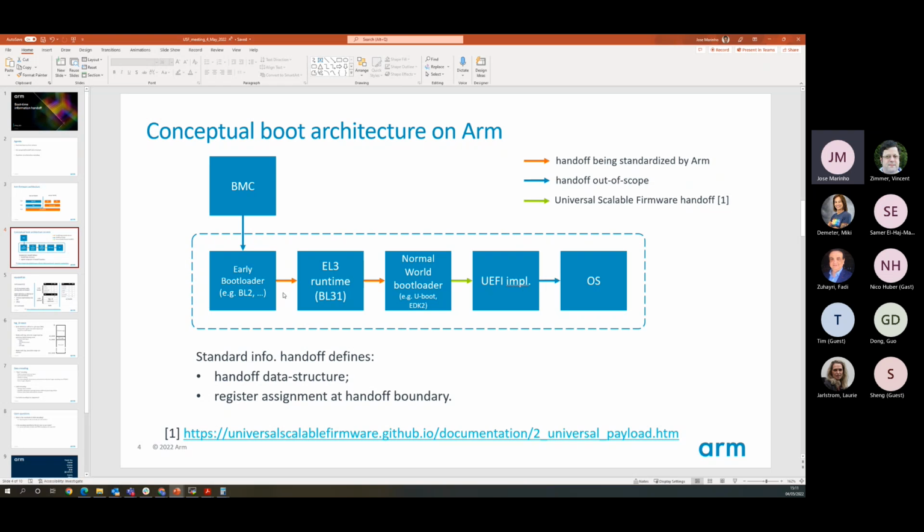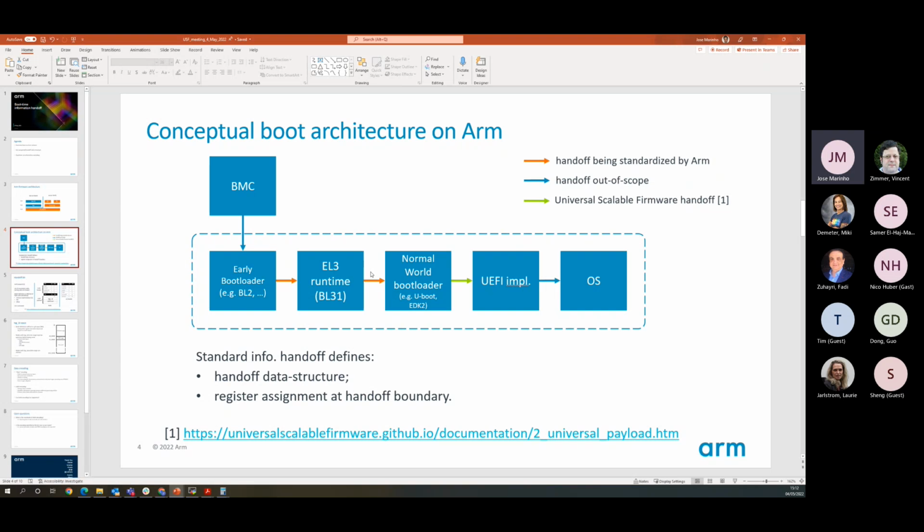For the information being handed off between those different code bases, the current status of things is that every platform is going to have their own very specific implementation of information compilation and handing off. So there's the request for us to come up with a standard way for the information exchange.